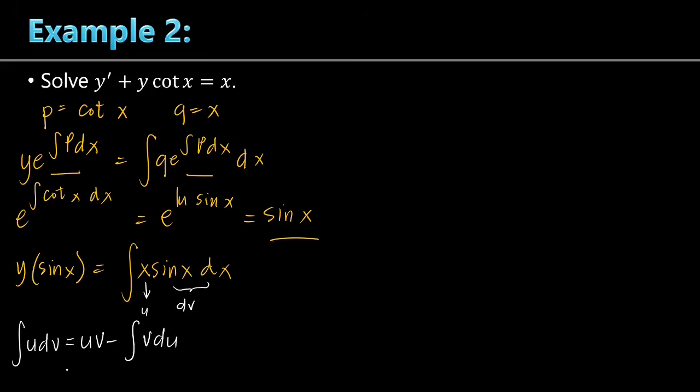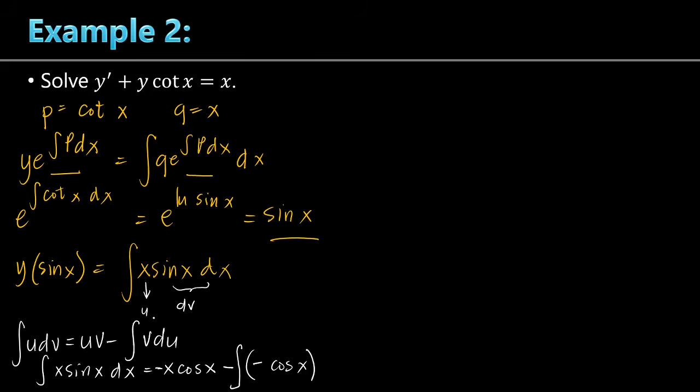So, pag in-integrate natin itong x sin x dx, ang makukuha nating sagot ay yung u, which is x, times v. Yung v ay integral ng dv. Integral ng sin is negative cosine of x. Minus the integral of v, ito rin yun, negative cosine of x, and then du.